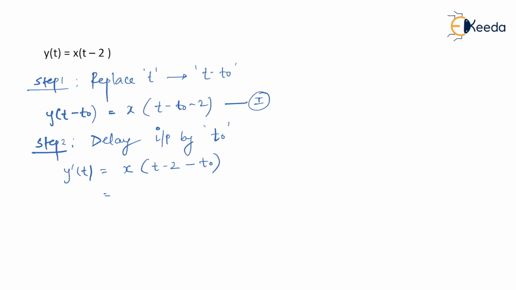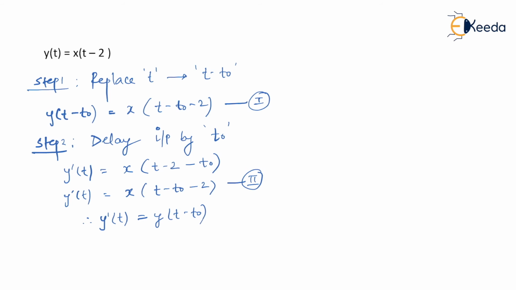So what we do, we keep the argument same, we just subtract t naught from it. I can rearrange like this, x of t minus t naught I can write together, and thereafter I can write minus 2 also. The reason why I'm writing like this, so as to match with equation number 1. You can see clearly now equation number 1 and equation number 2 are exactly same. So I can conclude y dash of t is equal to y of t minus t naught.